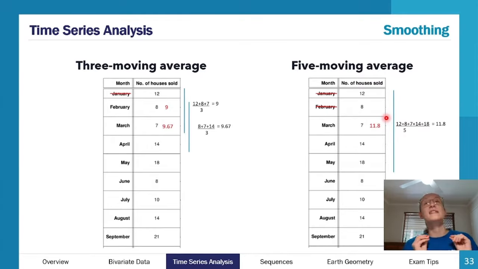And then the idea of centering is how we get it back to the center. So I've got these 2 in between points now, but to get the centered 2 mean smooth point for February, I'm going to average this halfway in between value with this halfway in between value. So I'm going to average 10 and 7.5. And then that answer is going to be our 2 mean smoothed value with centering.